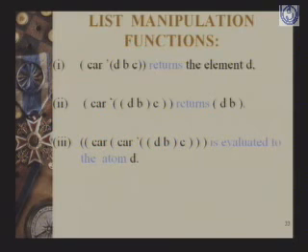Why quoted? Because the arguments are evaluated, and in the process of evaluation the quote is removed. For example, quote DBC list. If you evaluate quote DBC, the value returned is the list DBC.